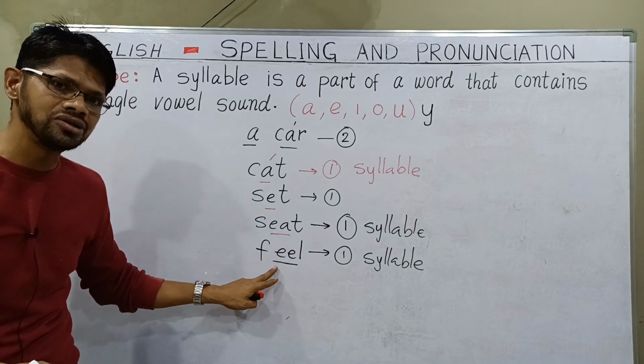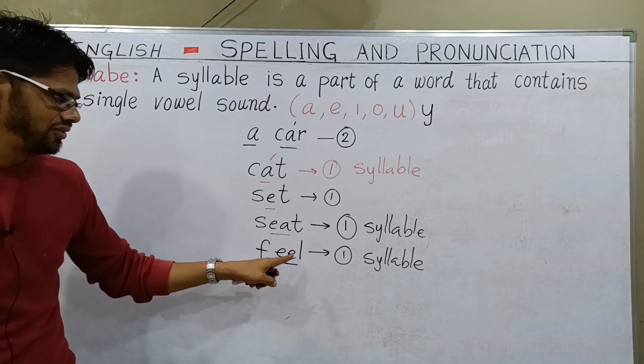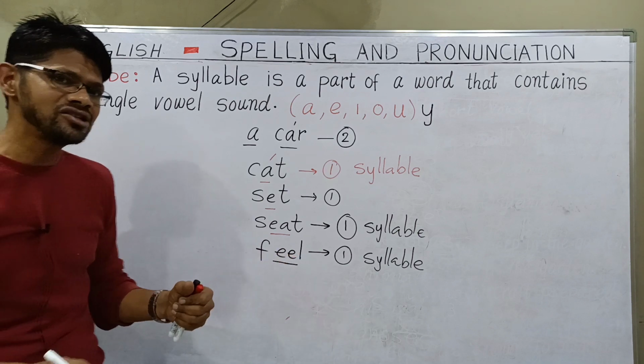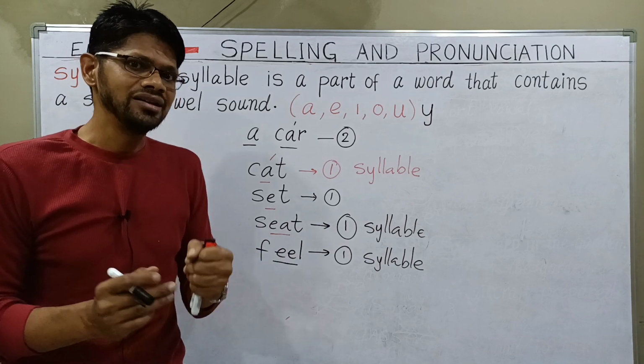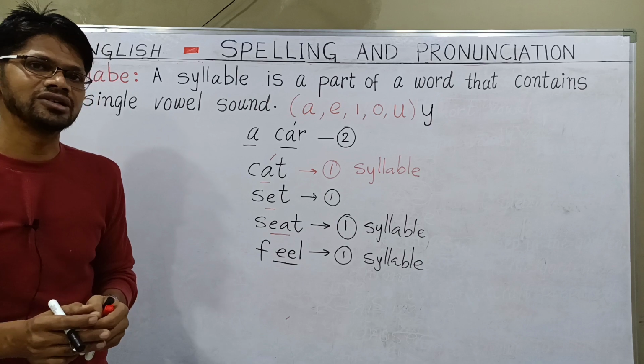So how many sounds are there in the word feel? Only one. So we have one, even though two vowels are there. So it depends upon the vowel sounds.